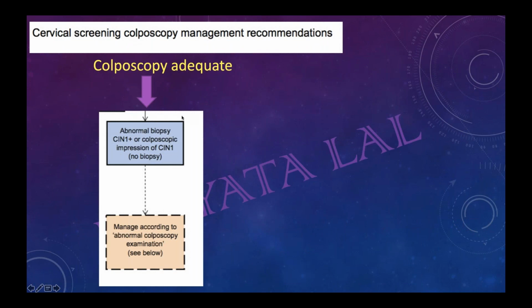Colposcopy is adequate, but on colposcopy I found there had been a high grade change, or an abnormal biopsy, something wrong is there. So this patient will require treatment. So nothing to do here. What type of treatment and follow-up will be done is explained in table number 3. So in this, actually, nothing to explain, because this patient requires treatment.